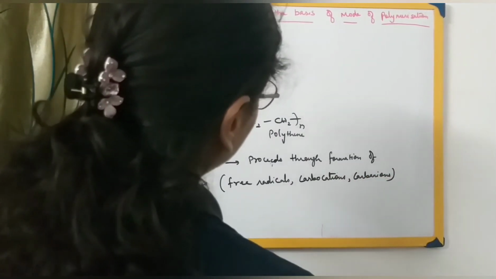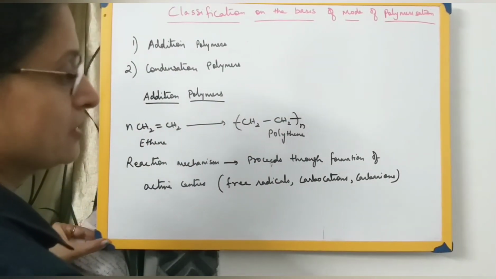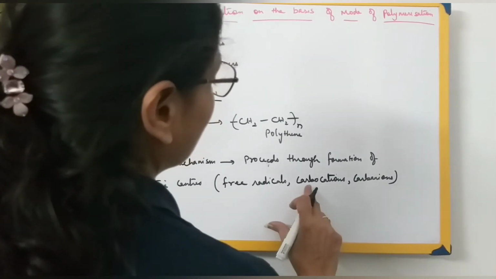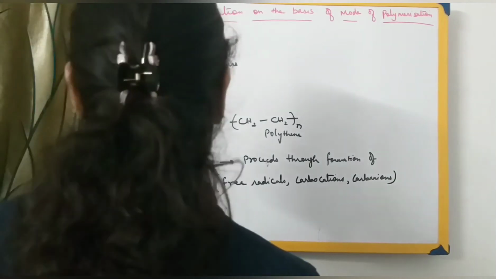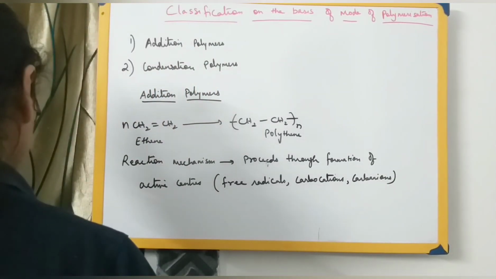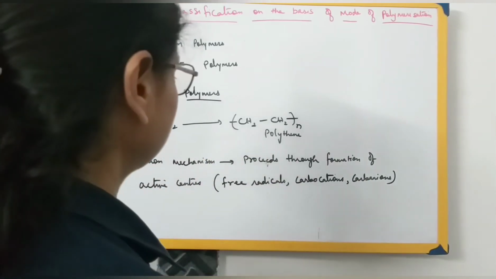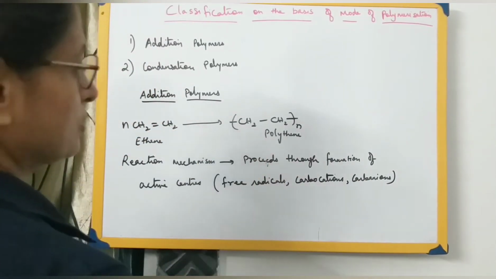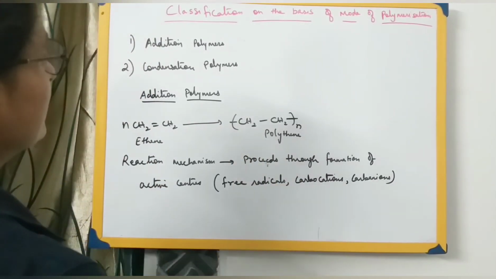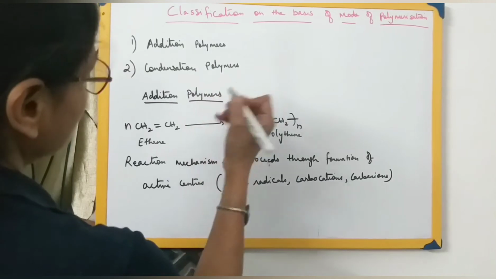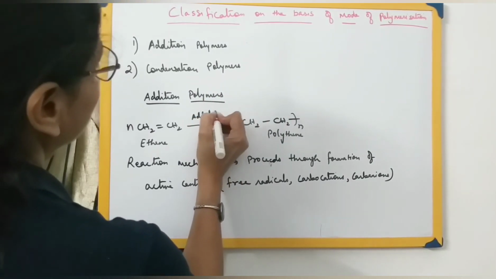If you remember, free radicals have unpaired electrons, so they will be active. We have learnt this in the previous class. Carbocations mean carbon having a positive charge, and carbanions mean carbon centers having a negative charge. So if this proceeds, a long chain will be formed by just the addition of the monomer units. And you can see that it is undergoing an addition polymerization reaction. So this is formed by addition polymerization.